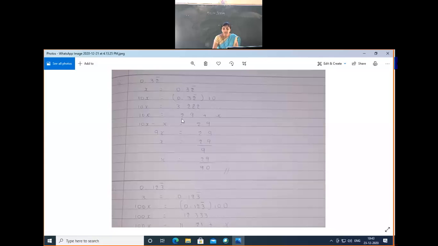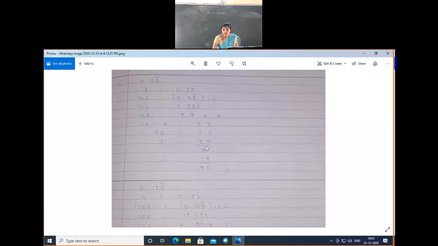So we have split 3.222 in the form of 2.9 plus x. Then transfer this x to this side: 10x minus x is equal to 2.9. 10x minus x is equal to 9x, so 9x is equal to 2.9. Then x is equal to 2.9 divided by 9.